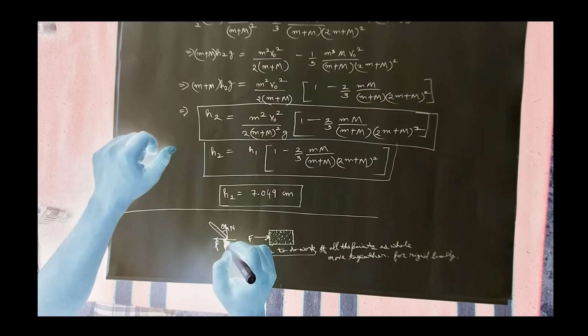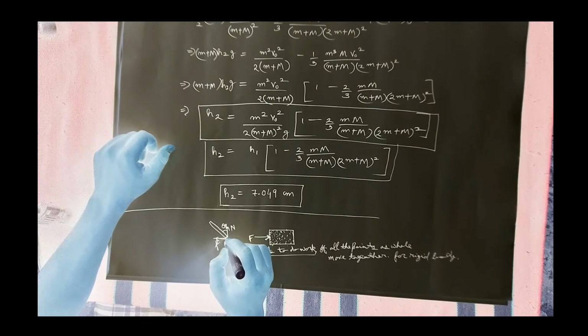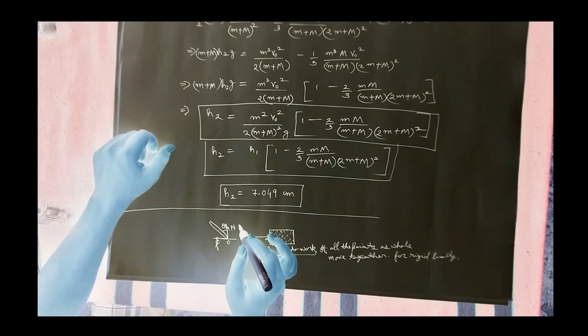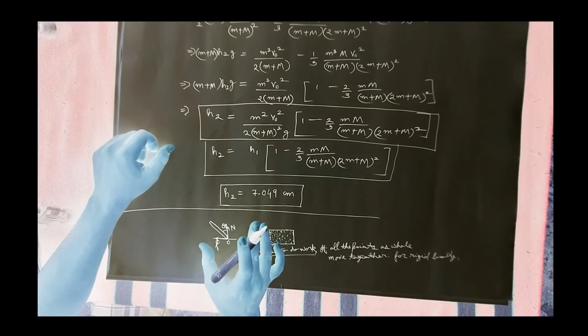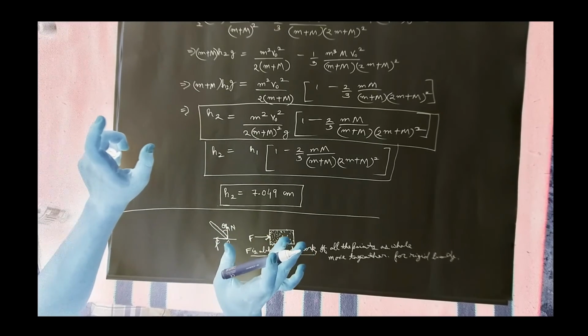So normal reaction and frictional force are not able to move this point, and not able to transmit this message towards all the points of this system. So normal reaction and frictional force are hence doing no work. Hence my mathematics of taking energy conservation is correct.